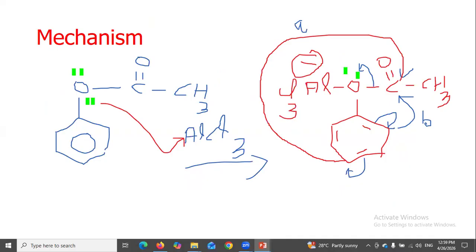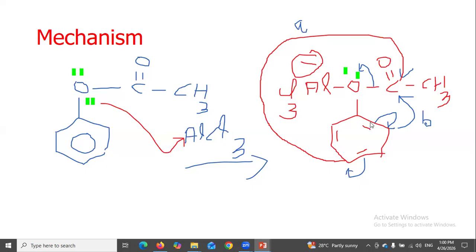In the mechanism, the lone pair of the oxygen of the aryl ester attacks the Lewis acid and then produces an attack on this carbon in two ways.